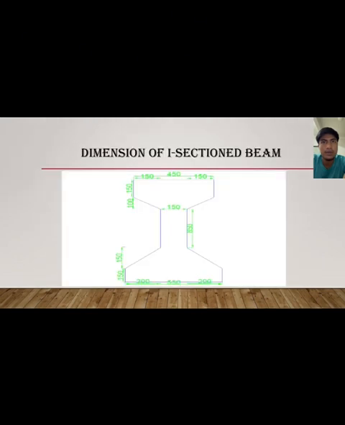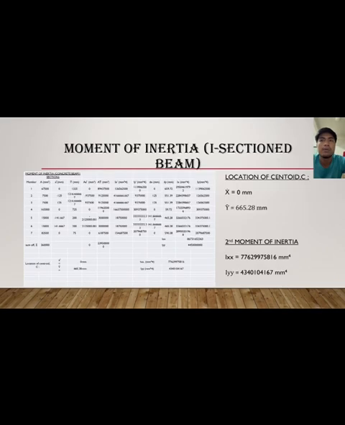Okay, we calculate the moment of inertia for the I sectional beam. Firstly, we have to find the centroid of the structure. The centroid of the structure at the x-axis is equal to 0 mm, and at the y-axis is equal to 365.28 mm, and then we can calculate the second moment of inertia.